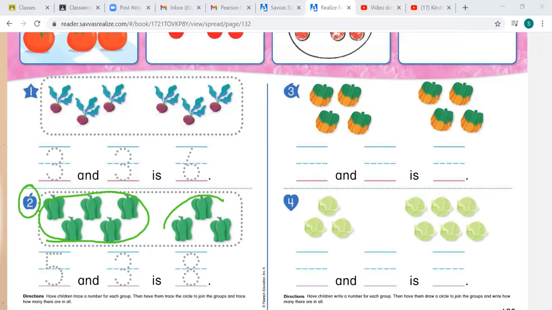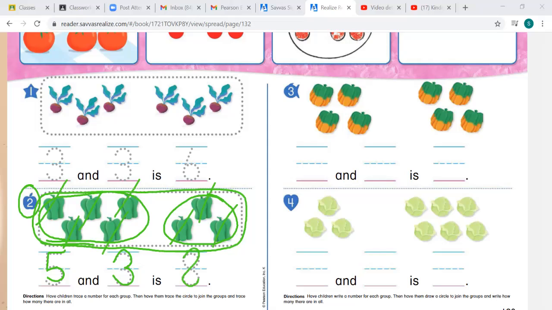And then we have 3 more. So let's trace our numbers. We have 5 in one group and 3 in another group. We are going to join these 2 groups together and make one big group. So 5 and 3 is, let's count it, 1, 2, 3, 4, 5, 6, 7, 8. 5 and 3 is 8.